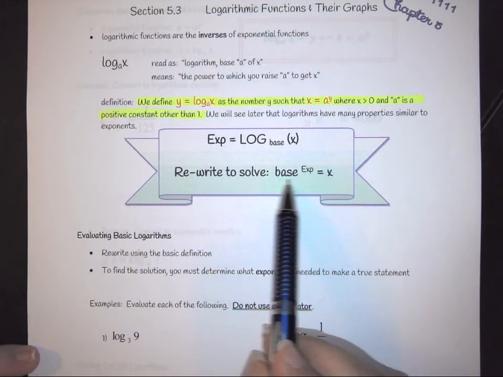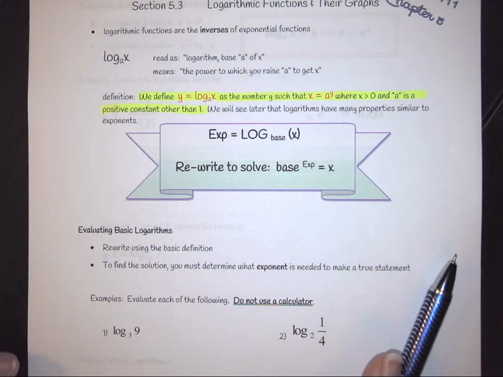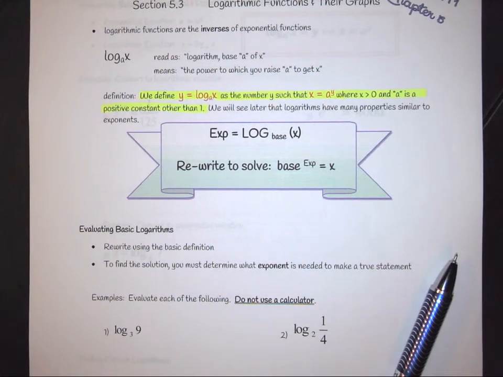In most cases, this form we can solve without having to use calculators or too much math. So we're going to take a look at a couple of examples doing just that.